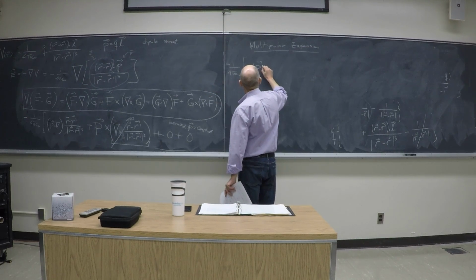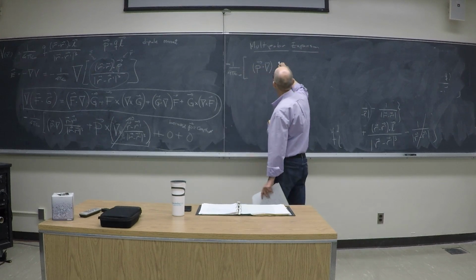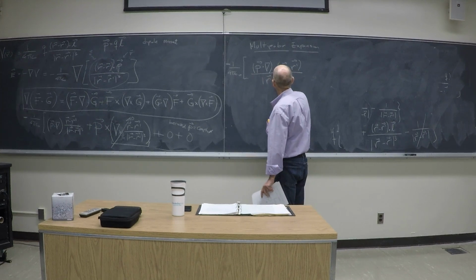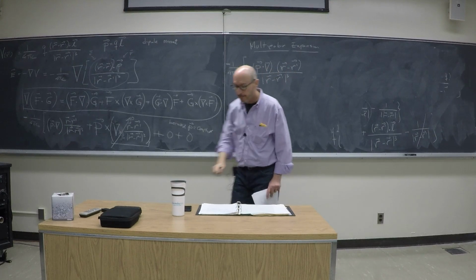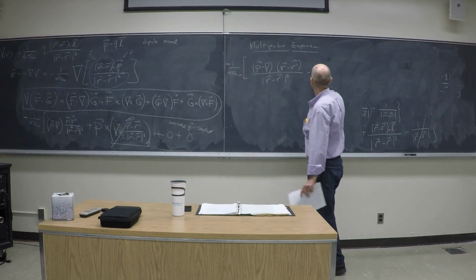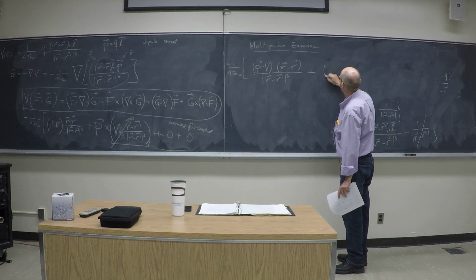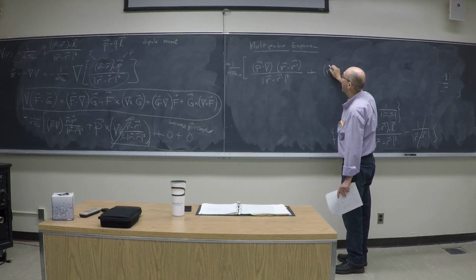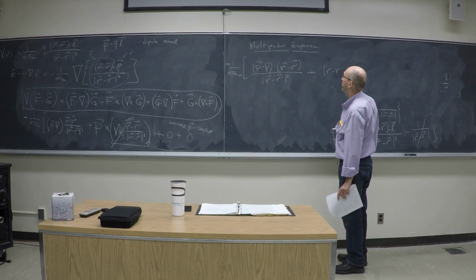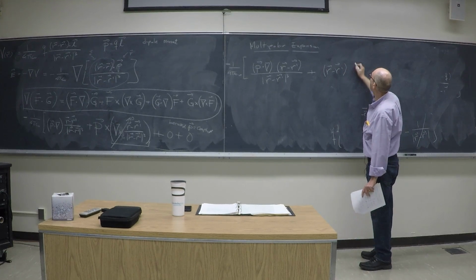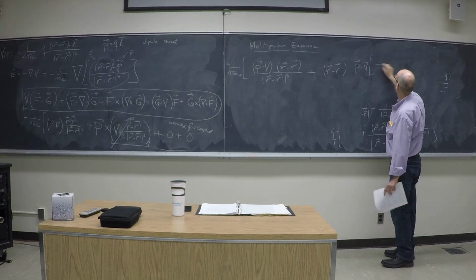P dot gradient on r minus r prime, divided by r minus r prime cubed, plus r minus r prime times P dot del of 1 over r minus r prime cubed.